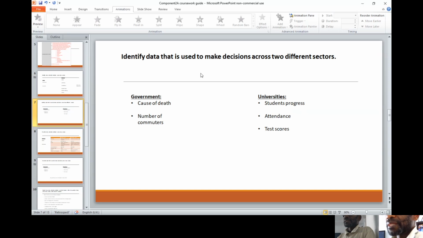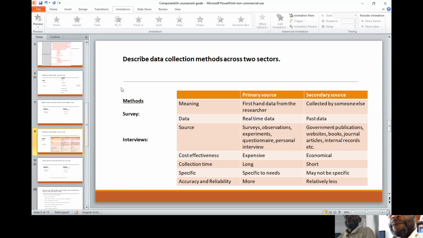Okay, so these are the two sets of data that you will need to answer these two questions.